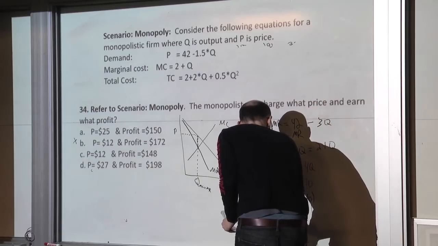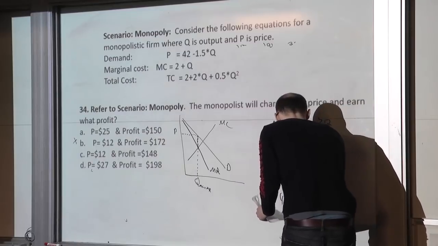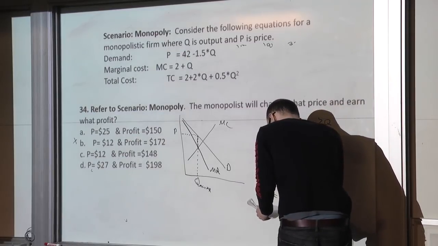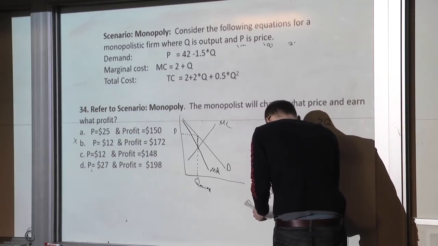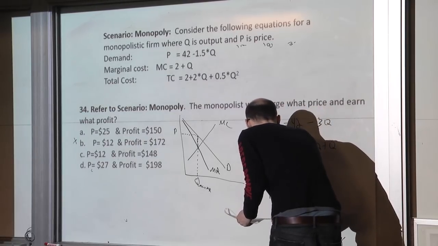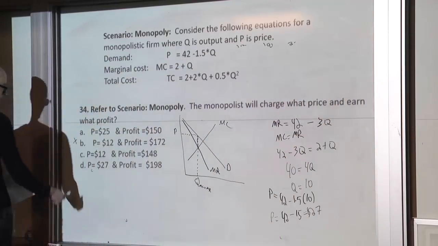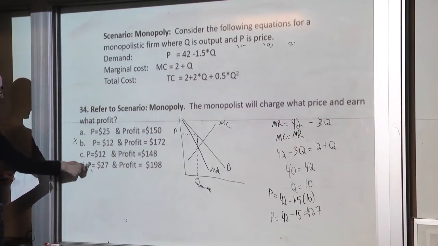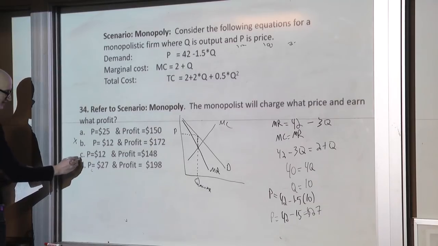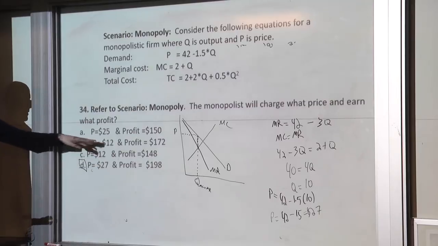So we get 42 minus 15 equals 27. So the price will be 27. Because this is the only one that has the price equal to 27, we could stop there. But let's also compute profit because they give you profit here.